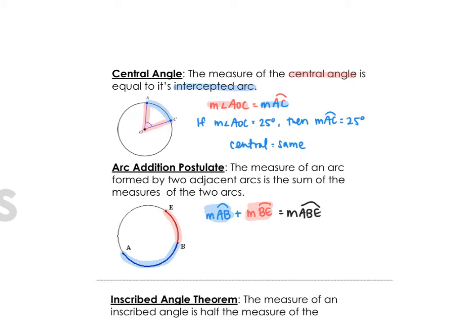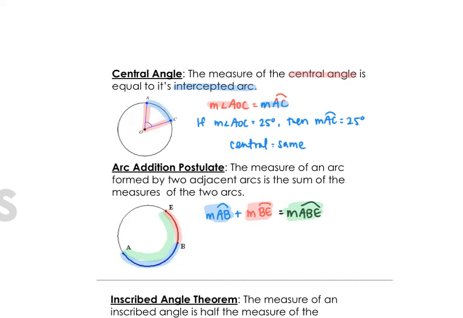ABE goes from here all the way to here. So this part plus this part equals this whole entire part.